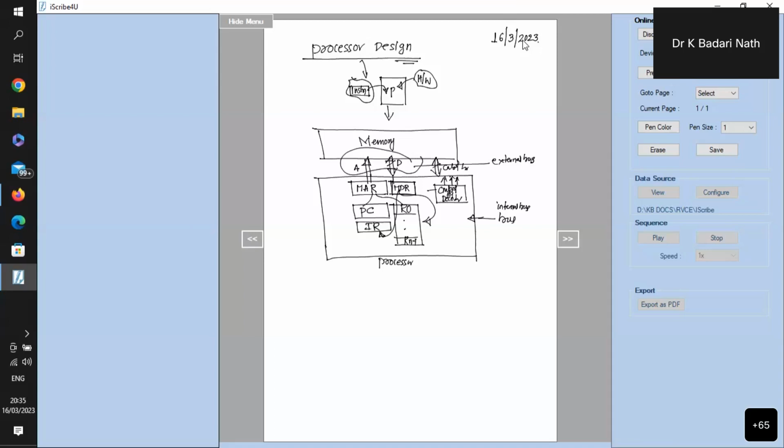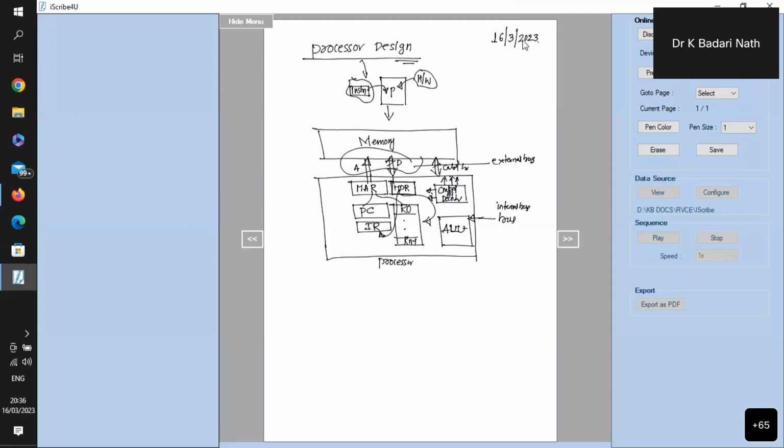The control decoding circuit also generates a number of signals inside to coordinate the work. Apart from this, there is a block called the ALU, which is a pure combinational circuit containing adder, subtractor and everything, capable of performing all arithmetic and logical operations. So these are the blocks generally present inside the processor.